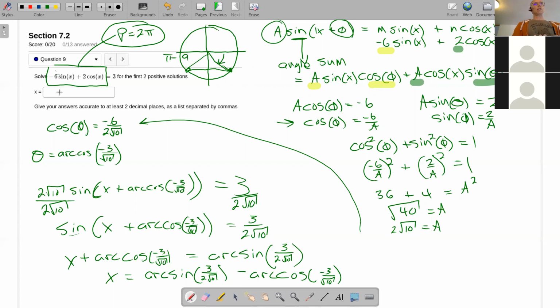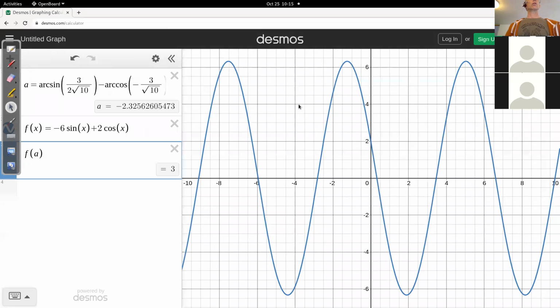Now, let's see. Give your answers to 2 decimal places, separate. Okay, we want the first 2 positive solutions. All right, so let's see. I think mine was negative. So let's look back here. Yeah, I got a negative radian value, and so I want the positive version. So I would have to add 2 pi to that to get the positive version.